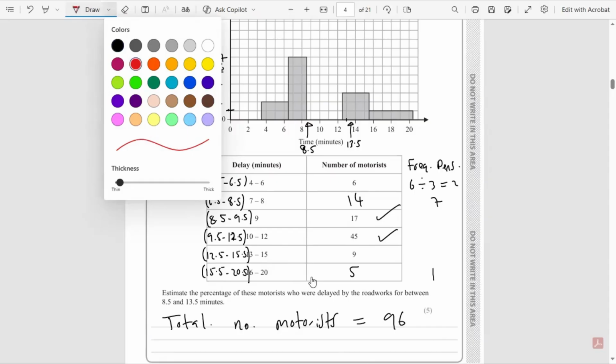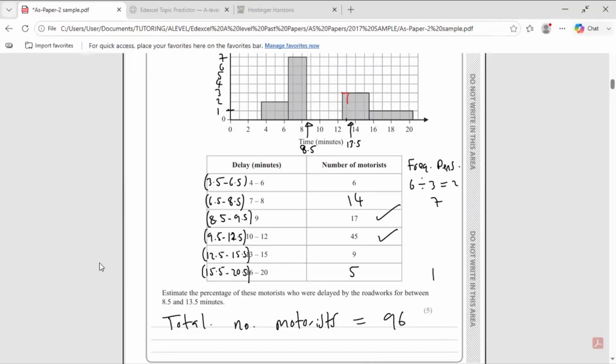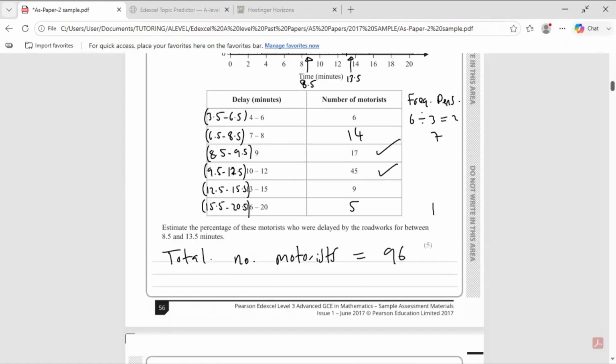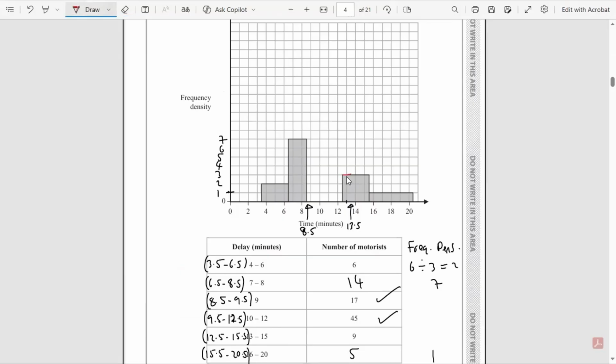So I'm going to use a different color here. So we want to get an estimate of the number of people. Sorry, let me try and do that a little bit neater. We get the rubber back onto the page. There we go. So we're going from 12.5 to 13.5. So kind of like here, we want to get an estimate of the number of people there.